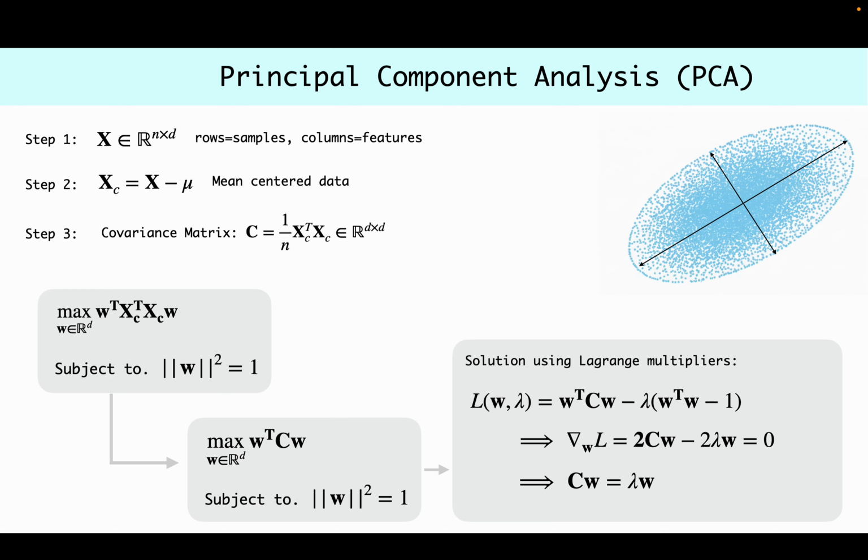So when the data is along the w vector, we will have this maximum value. Therefore, our eigenvector here gives that direction along which, when you project the data, you will get the maximum variance. In the same way, the second eigenvector will give the second maximum variance, and so on.